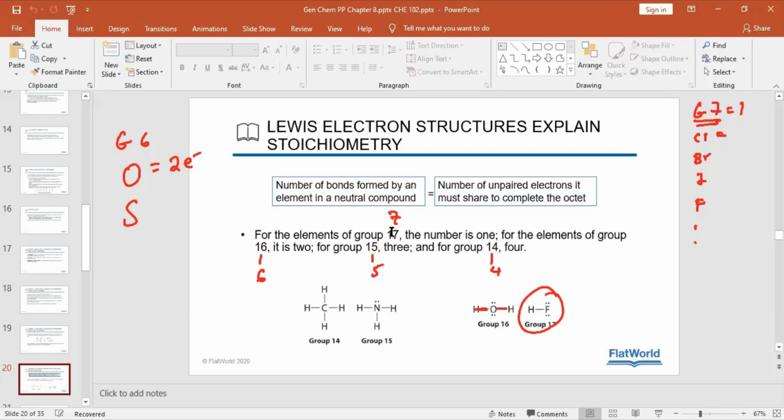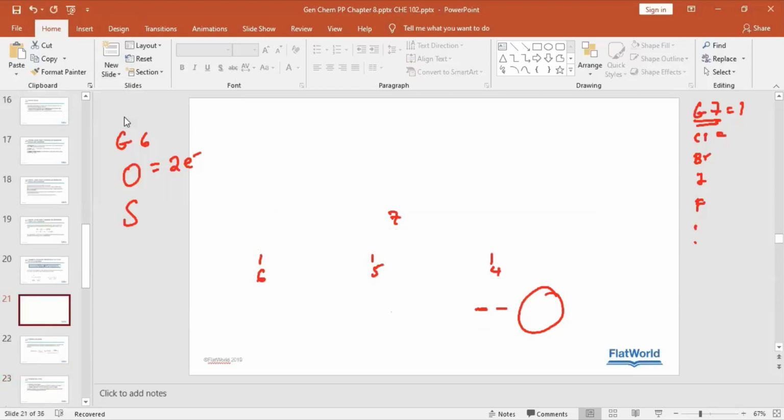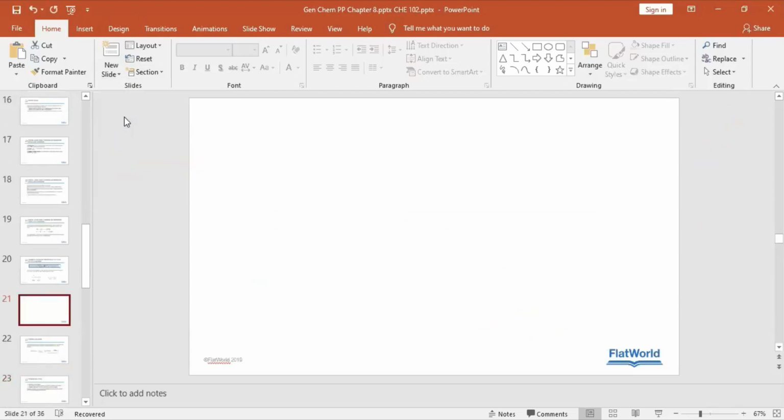Because oxygen is in group 6, it requires 2 electrons. So for the number of electrons to achieve an octet, let me write it in a new slide as a rule that makes things easier for us. Oh, hold on.